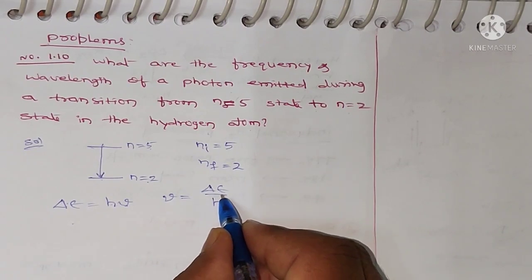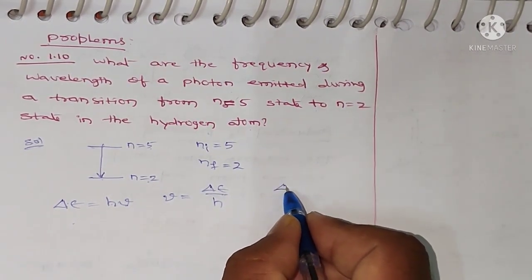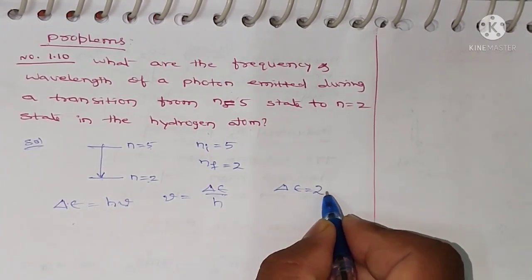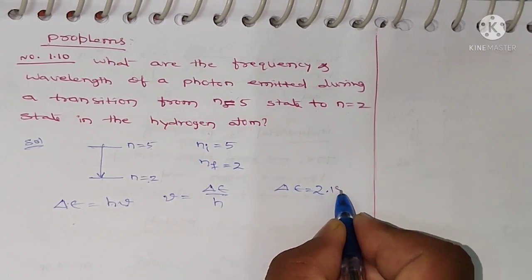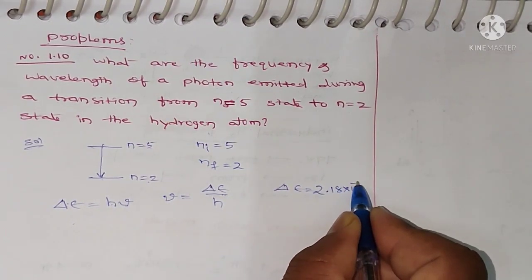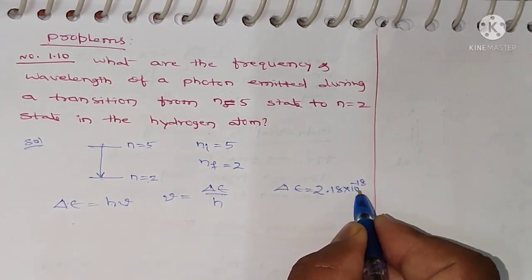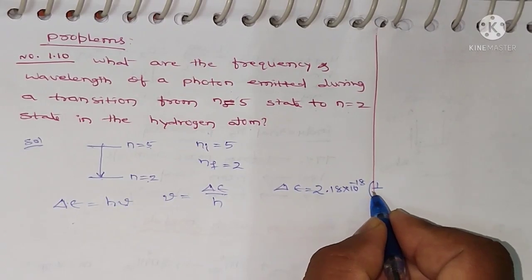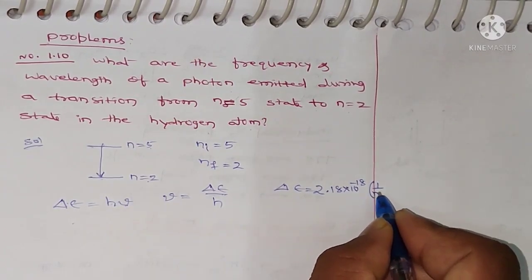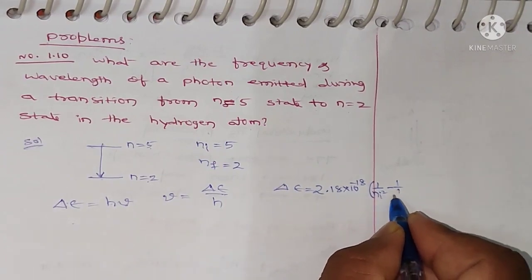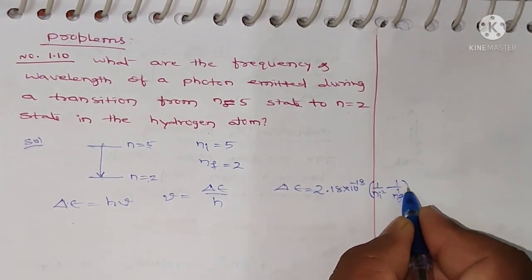And we know that delta E is equal to, we have that formula, 2.18 into 10 to the power of minus 18 joules into 1 by n initial square minus 1 by n final square.